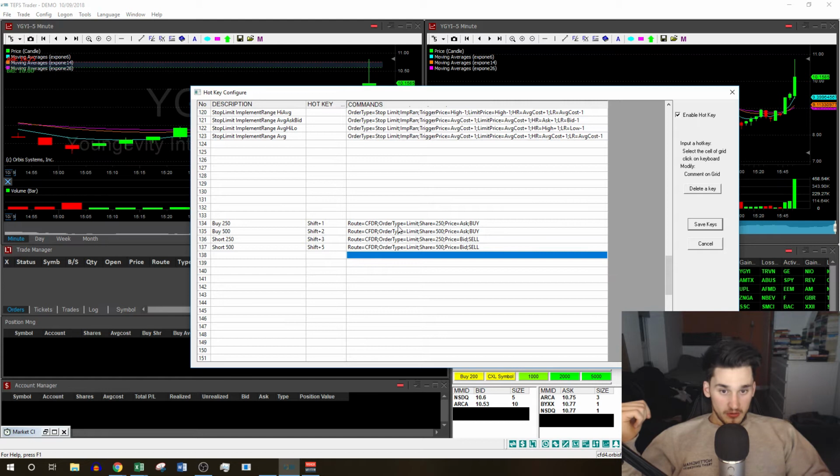However, some people use market as the order type, and the market order is slightly different. For efficiency, it obviously trumps the limit, but a market order can get filled at any price.